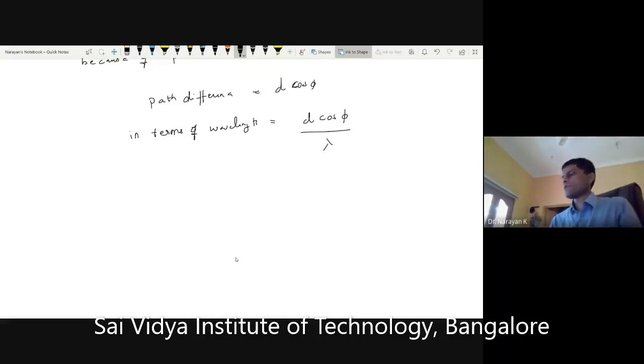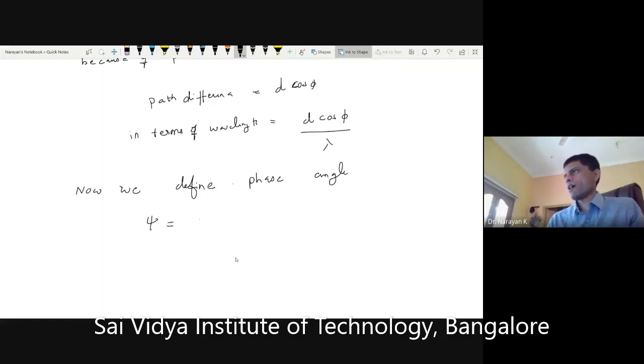Please observe very carefully. Now we define phase angle psi as equal to 2 pi into path difference.